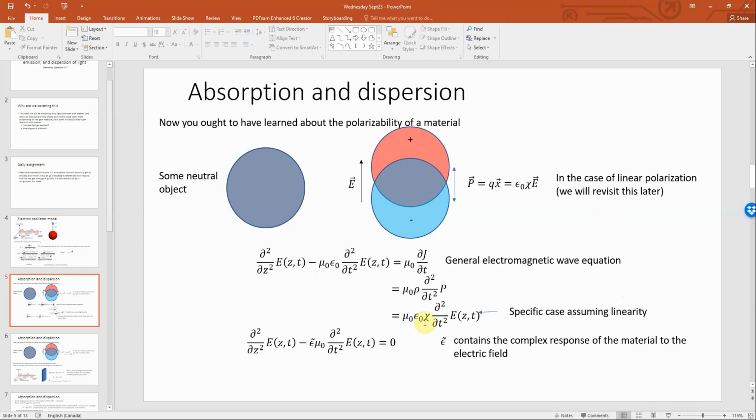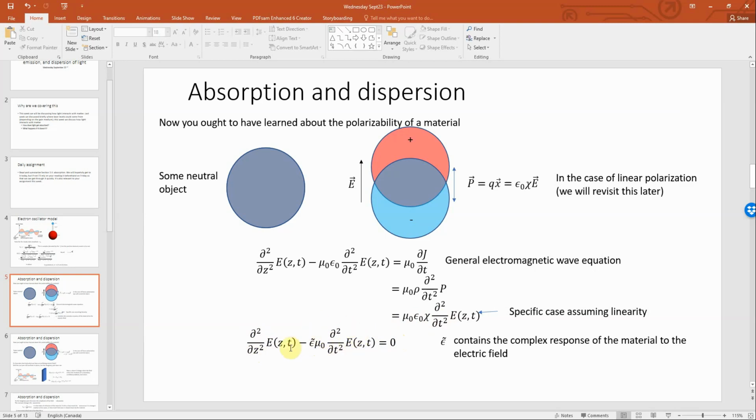And so these constants go in front, and we can bring this over to the left-hand side, and what we get is the second order derivative of the electric field with respect to space minus this modified mu naught epsilon times the second derivative of the electric field with respect to time gives us 0. And so this is a form of a wave.